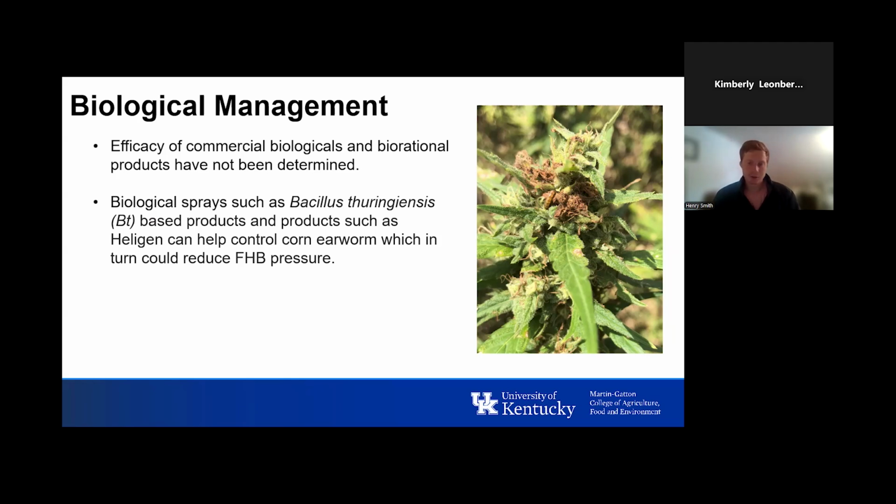And we think there's a similar trend along with hemp because as these worms feed on these hemp buds, they're creating all these wounds on the plant that are prime real estate for the fungus to infect and colonize and start causing disease. So using some of these biologicals to control your worms is also a good management practice to help control FHB.